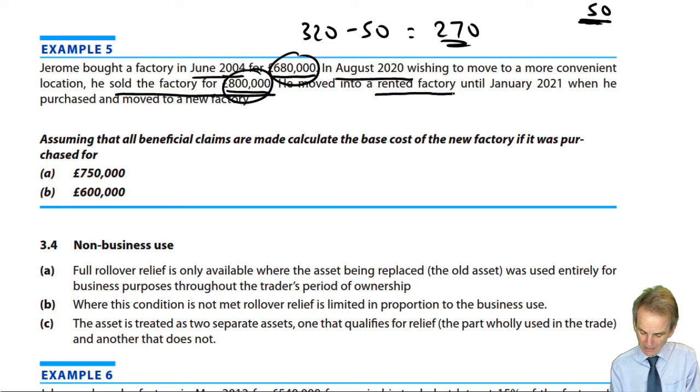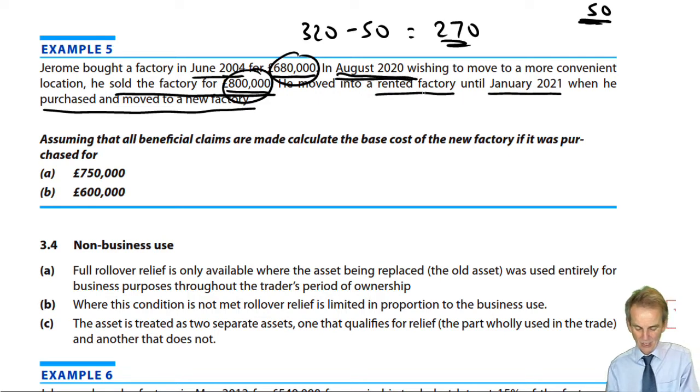He moved into a rented factory until January 2021, when he purchased and moved to a new factory. So in August 2020, he sold the factory, moved initially into a rented factory.